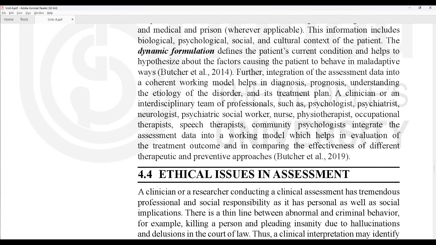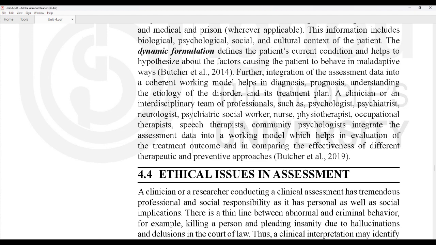A clinician or an interdisciplinary team of professionals, such as psychologist, psychiatrist, neurologist, psychiatric social worker, nurse, physiotherapist, occupational therapists, speech therapists, community psychologists integrate the assessment data into a working model which helps in evaluation of the treatment outcome and in comparing the effectiveness of different therapeutic and preventive approaches.